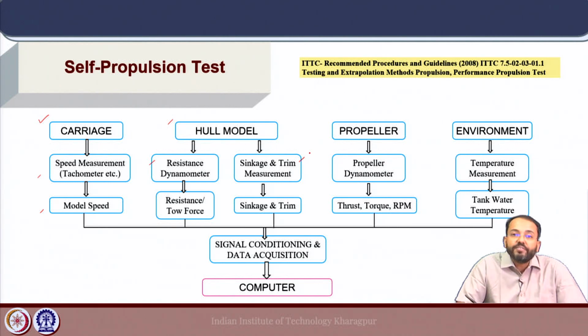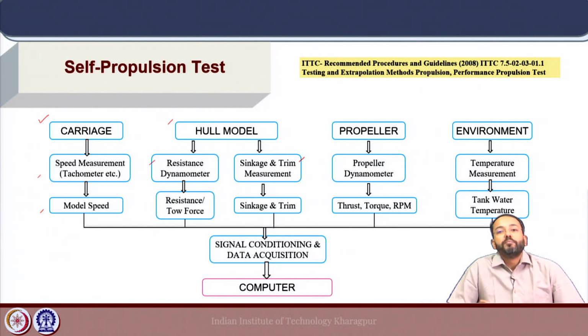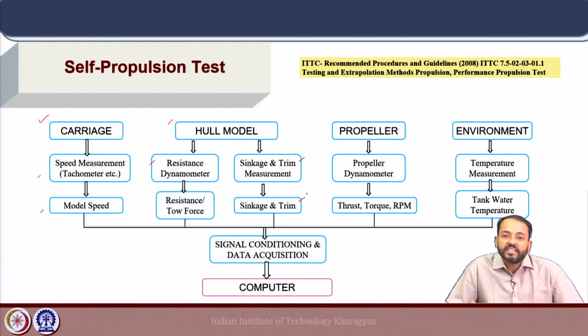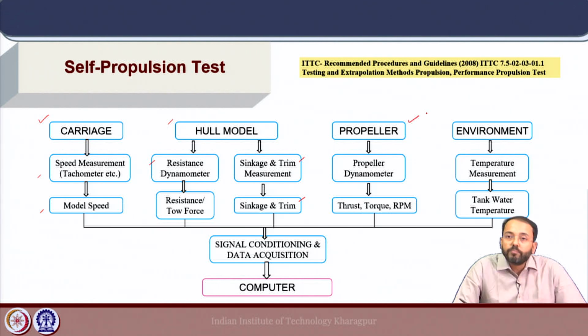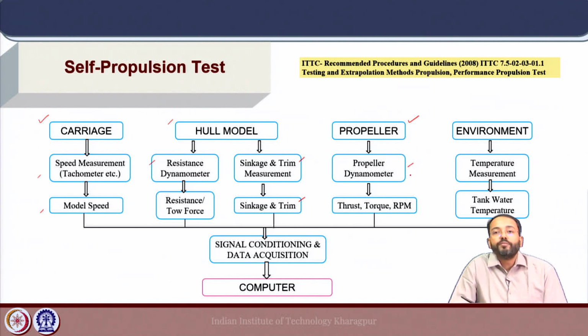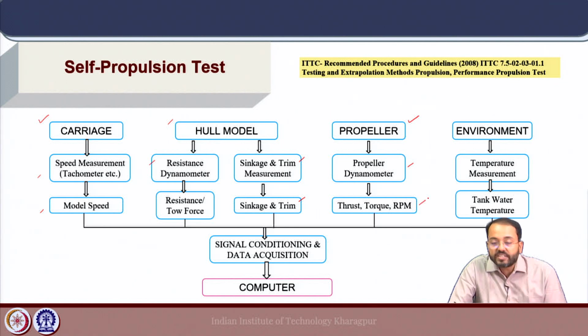We also have a sinkage and trim measurement system because the model in a standard self-propulsion test should be free to sink and trim. So, this sinkage and trim during the tests is measured. Now, if we move on to the propeller, we have the propeller dynamometer which is connected to the propeller and it measures the thrust, torque and RPM of the propeller.